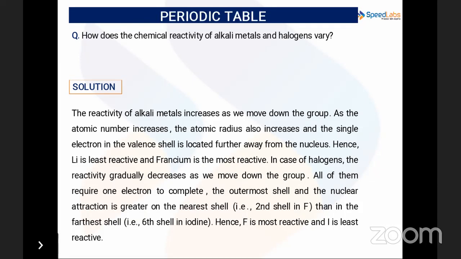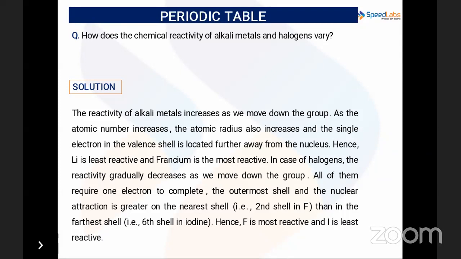In the case of alkali metals, the reactivity increases as the atomic number increases. Obviously, as I stated in the earlier question, the atomic radius also increases, right? And the single electron in the valence shell is located further away from the nucleus. Hence, if we talk about two examples, lithium and francium, lithium is the least reactive and francium is the most reactive.